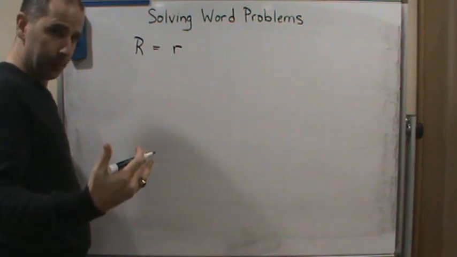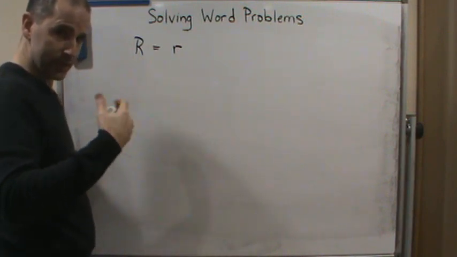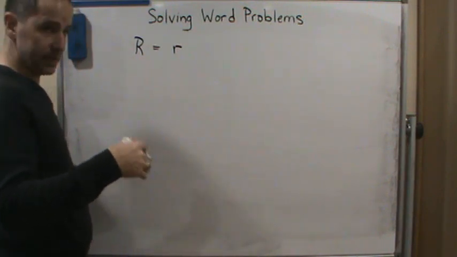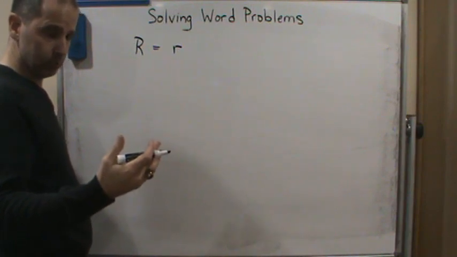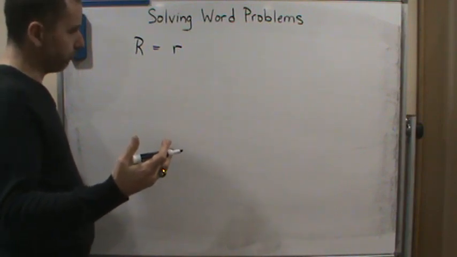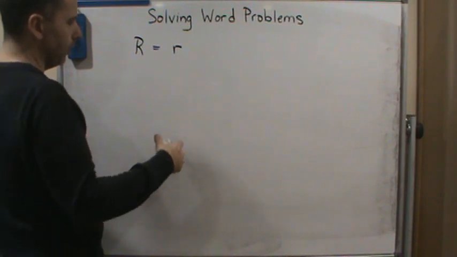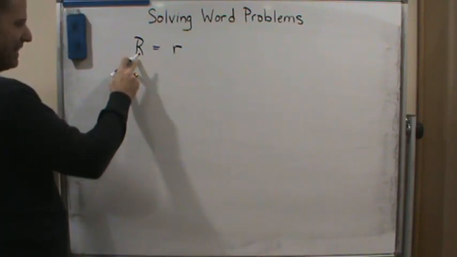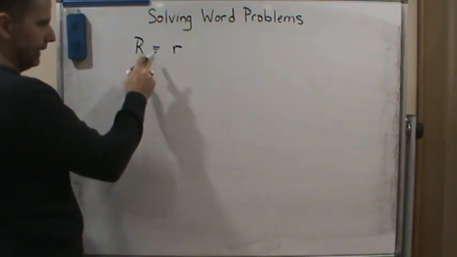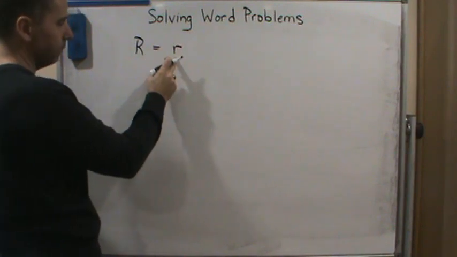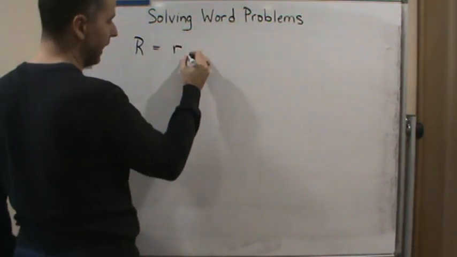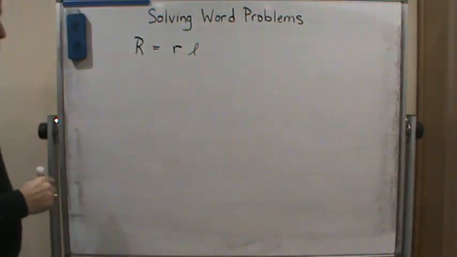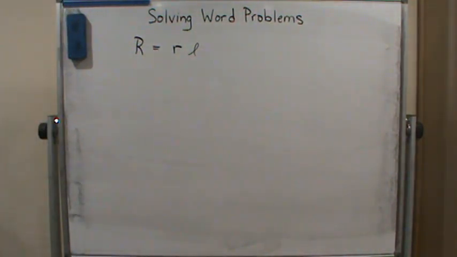The metal has properties that make it more or less resistant to, let's say, the flow of electricity. Okay, so R is the resistance, is equal to the resistivity of the metal times the length, lowercase l, we'll just use lowercase l. You could use capital L.